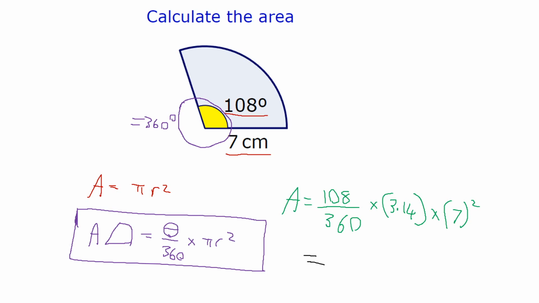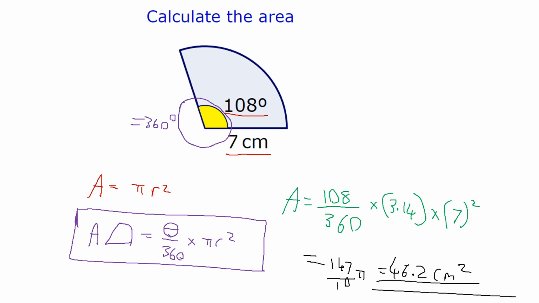And now let's plug it into our calculators. When I put it into my calculator, I get an answer of 147 over 10 pi, or 46.2 centimeters squared.